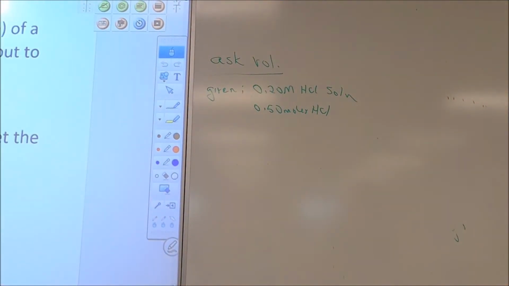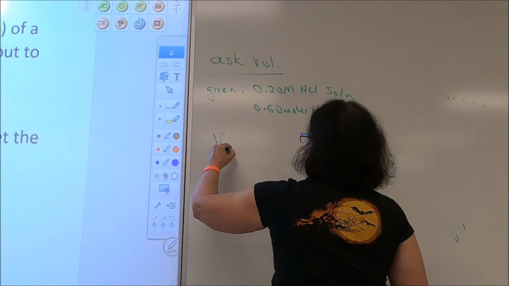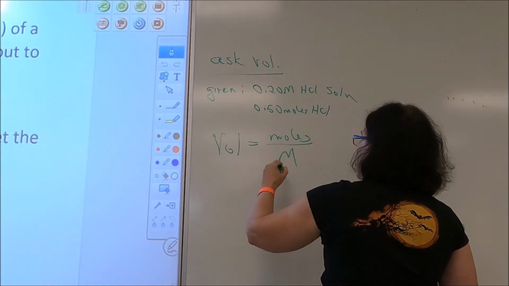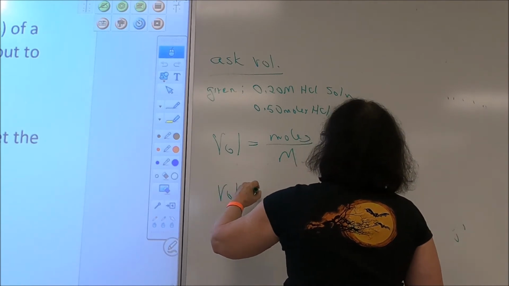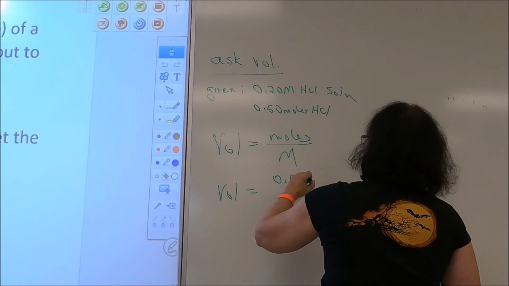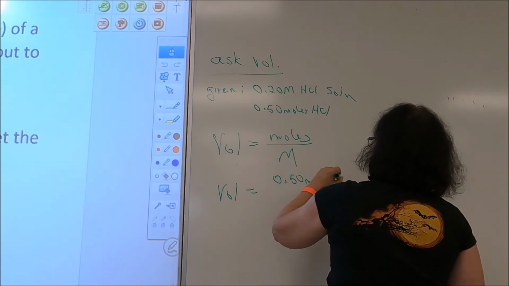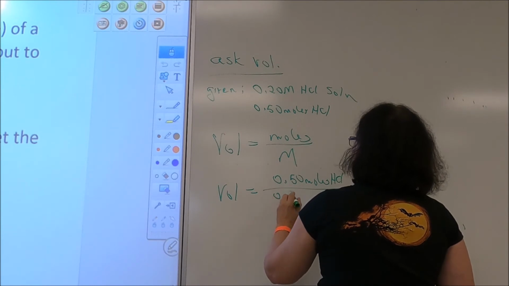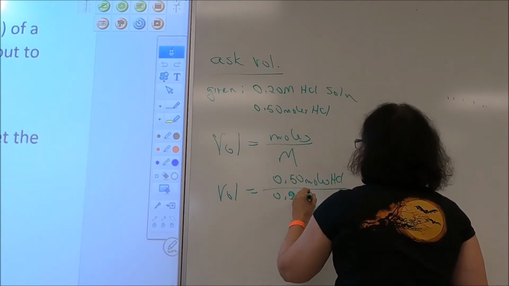So if I just use the rearrangement of the equation, volume is going to equal moles divided by molarity. The volume then is going to be 0.50 moles of HCl over 0.20 molar solution.